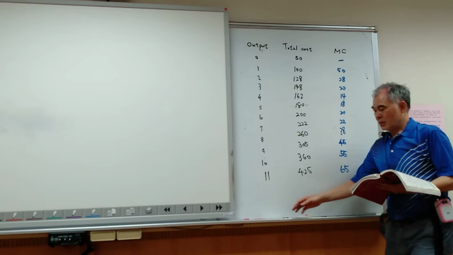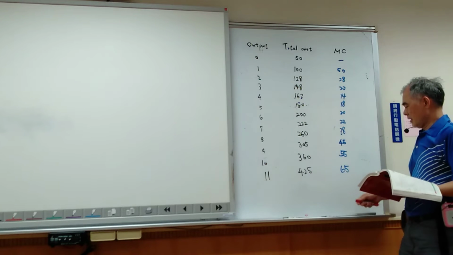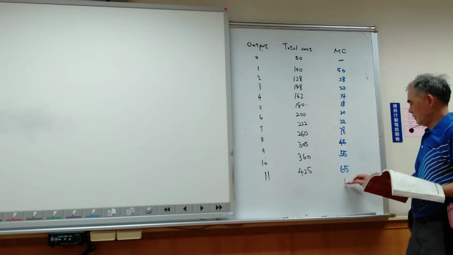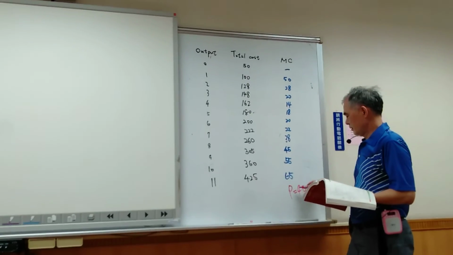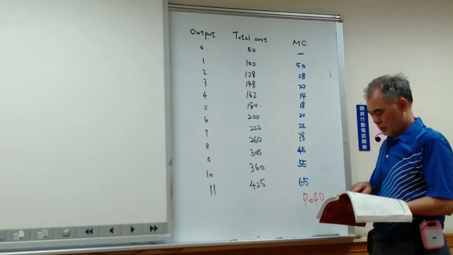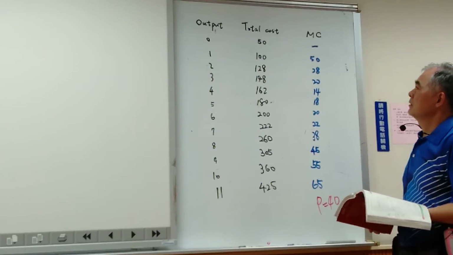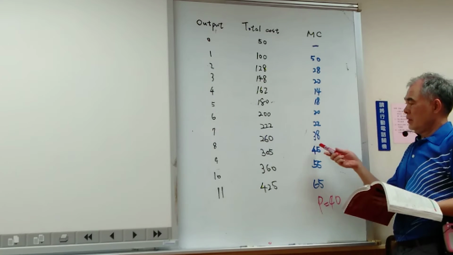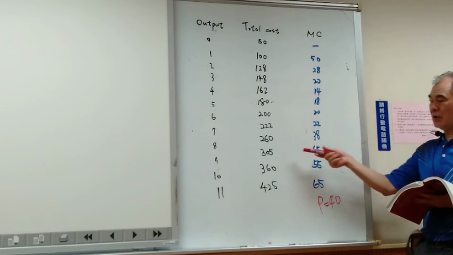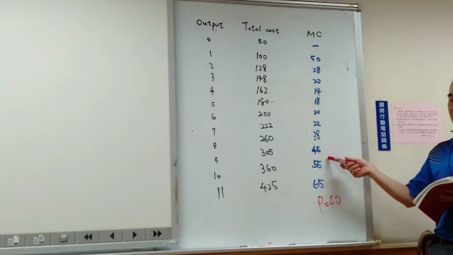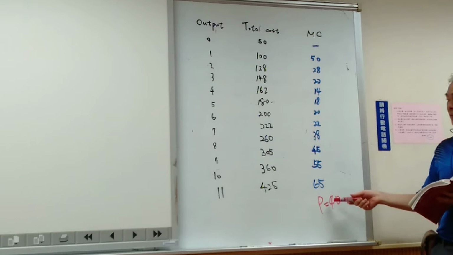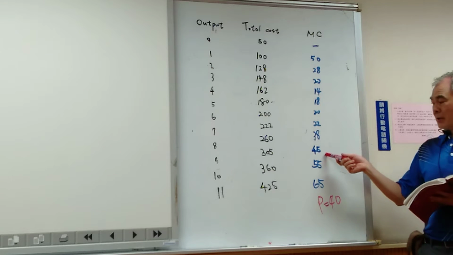Okay, so you look here, because price is equal to 40, right? P is equal to 40. So what does that mean? If the production level is 9, that's not right, because what you get is 40, but what you have to pay is 45.